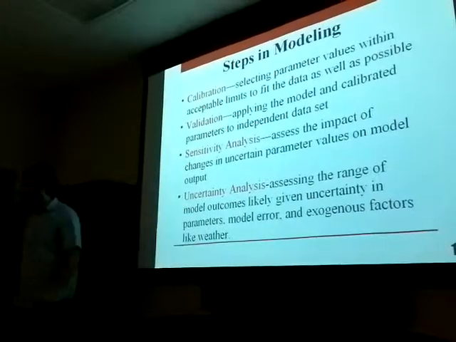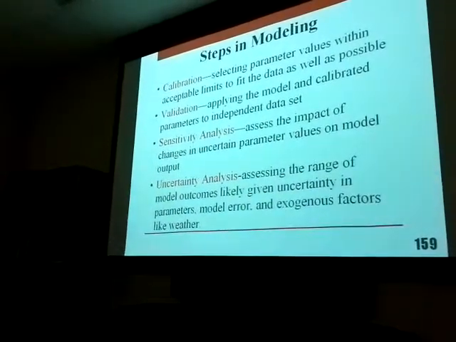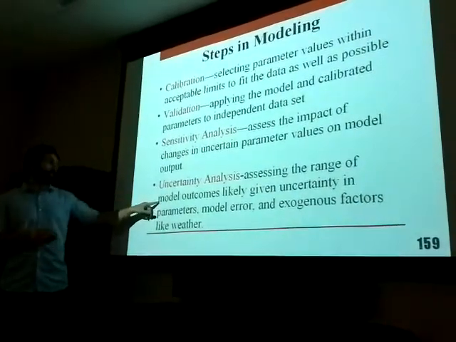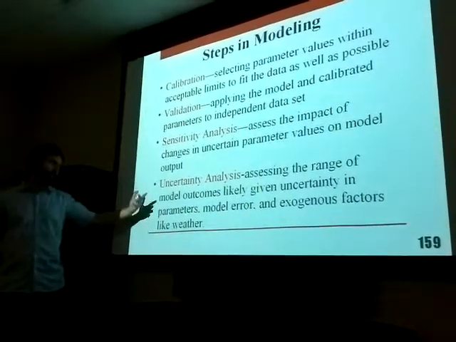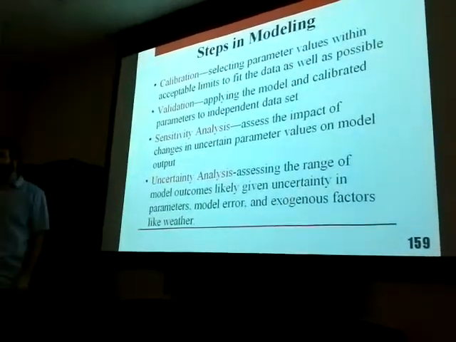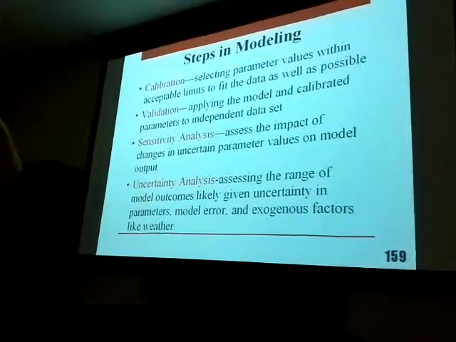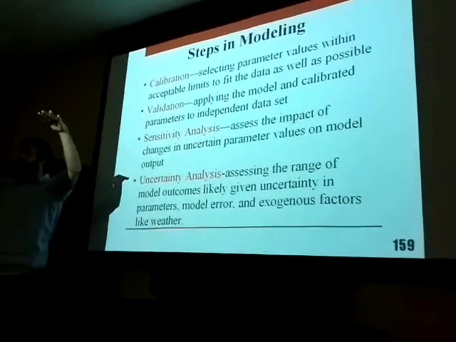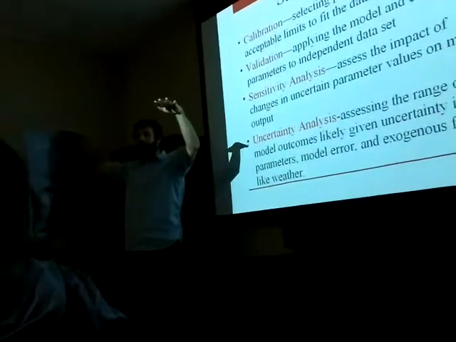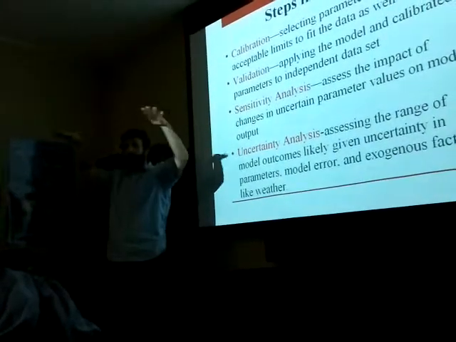And then the last thing is uncertainty analysis. It says assessing the range of model outcomes likely given uncertainty in parameters, model error, and exogenous factors like weather. So for example, what this is saying is I have a calibrated model, an observed value and a calculated value, right? And we want to say what parameters can I change to make them match. We agree with this?